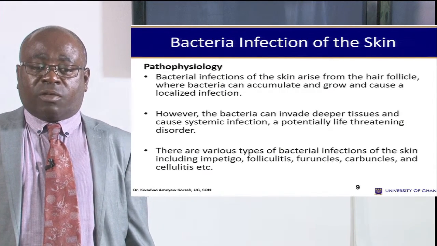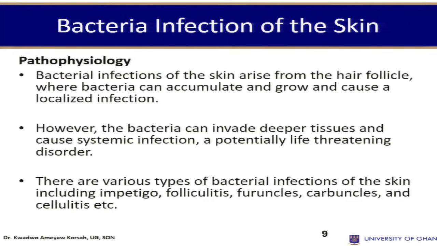And these are various types of bacterial infections of the skin, including impetigo, folliculitis, and cellulitis, which is a major condition in most cases. Some of the conditions can start as a small or minor problem, but it can go on and become a systemic condition because of the circulatory mechanism.